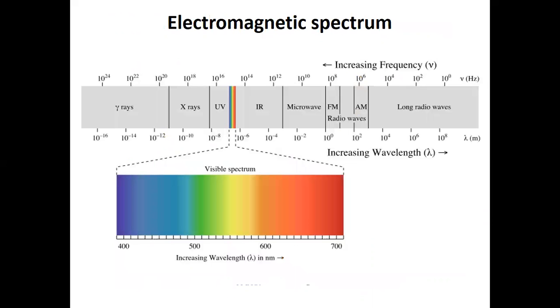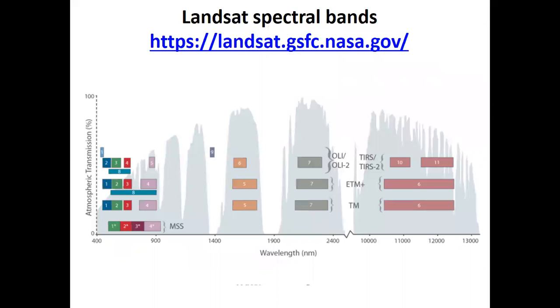So again, just to remind you that only this very, very narrow part of the electromagnetic spectrum is visible by our eyes, and the satellites could detect more than we see. And if you zoom this part of the spectrum inside this ellipse to the whole screen, we will see a picture like that.